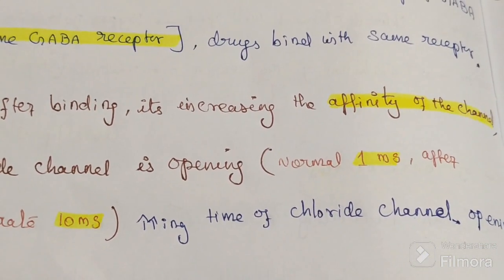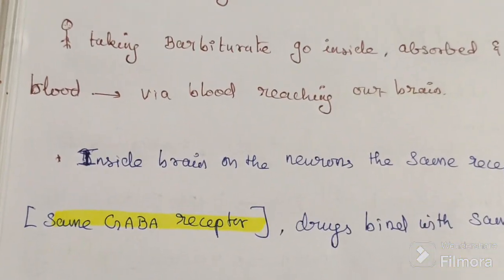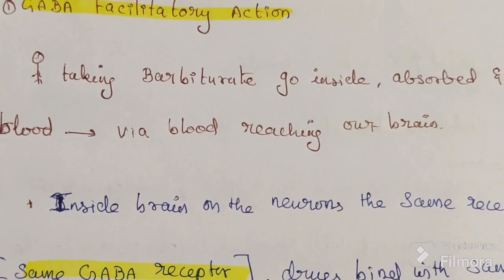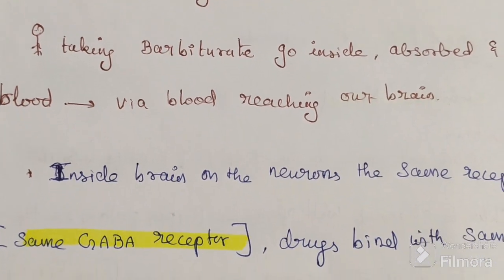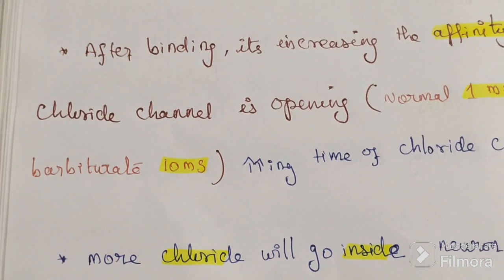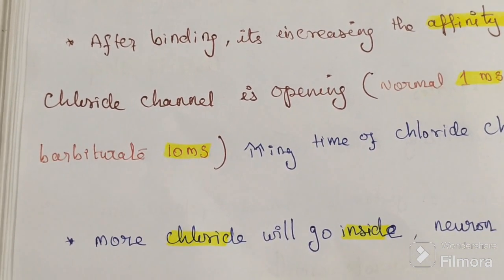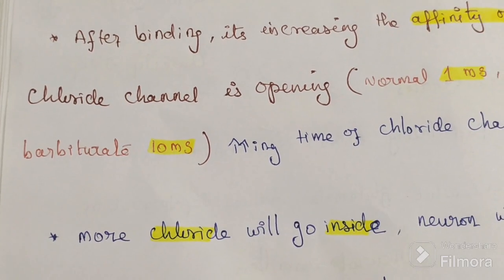So basically it is a GABA facilitatory action. Here increasing the time is called facilitatory action. What do we mean by facilitatory action? Here the barbiturate increases the action of natural GABA. It is not showing its own action.